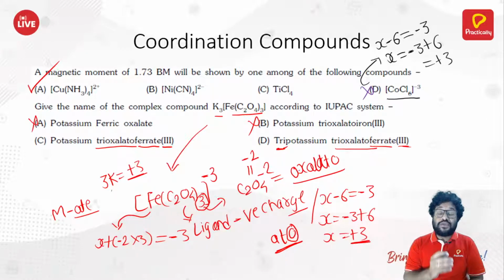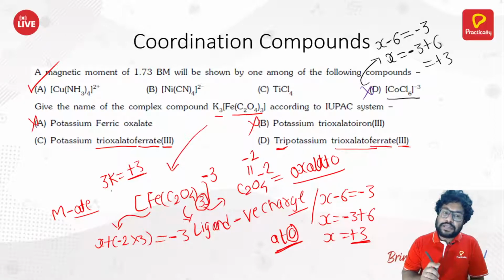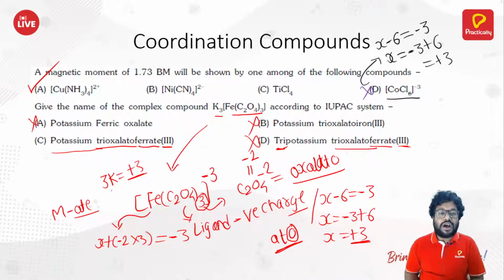That is self-sufficient. So in IUPAC nomenclature, you never mention the number of positive charges, and that is why option D cannot be your answer. Your answer should be potassium trioxalato ferrate(III). That's your answer.